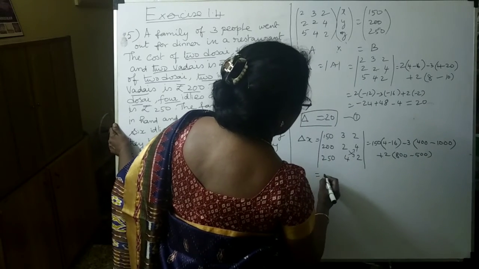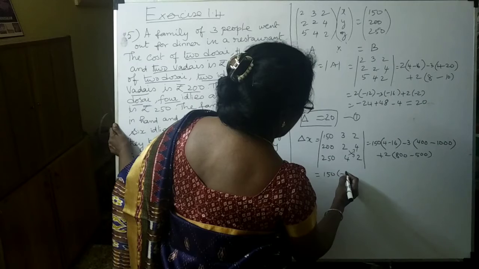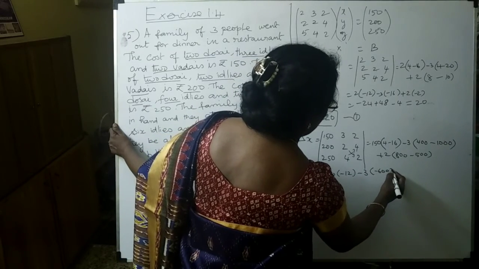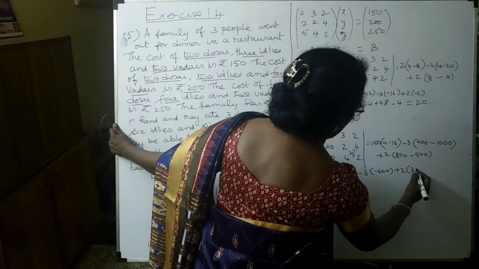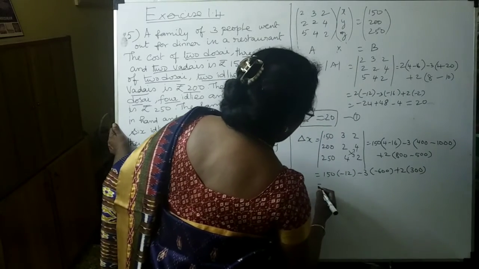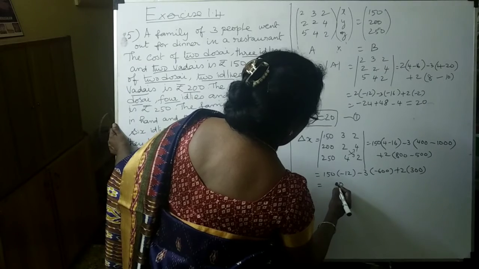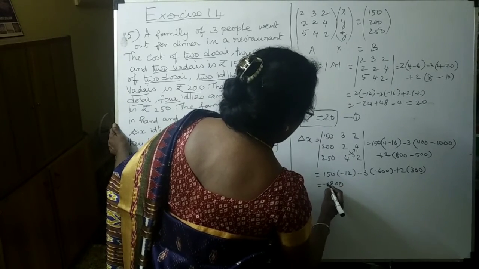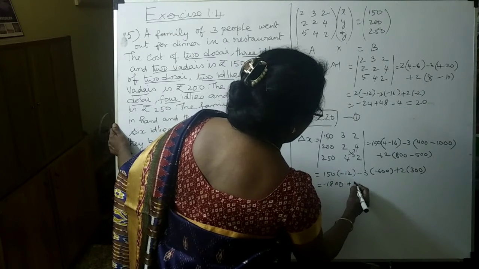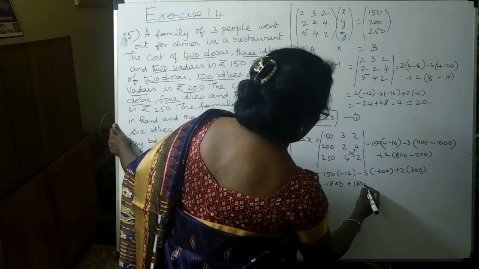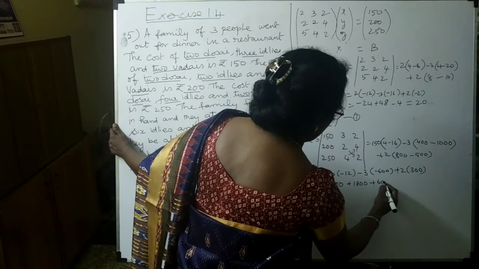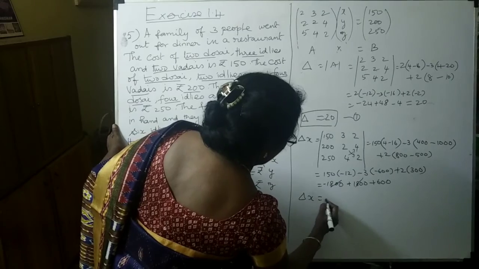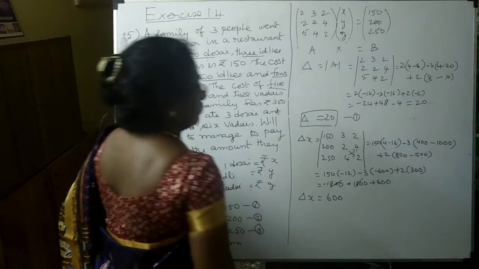So simplify this. This is equal to 150 into minus 12, minus 3 into minus 600, plus 2 into 300. So this is minus 1800 plus 1800 plus 600. So minus plus cancel. So delta x is equal to 600.